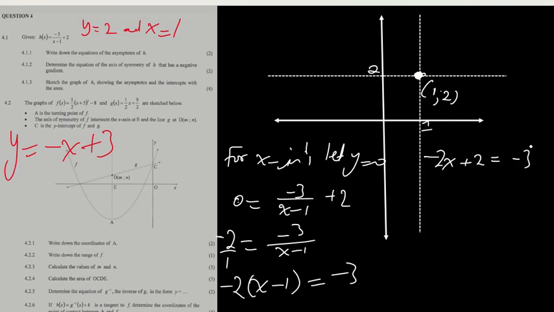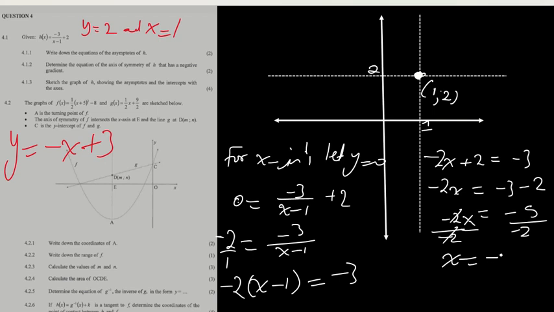Taking this to the other side, I get negative 2x equal to negative 3 minus 2, so negative 2x equal to negative 5. Dividing by negative 2 on both sides, this is x not y, the negatives go out, then I get x equal to 5 over 2, positive, because a negative divided by a negative gives a positive.